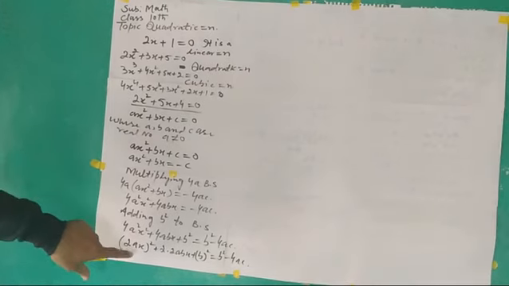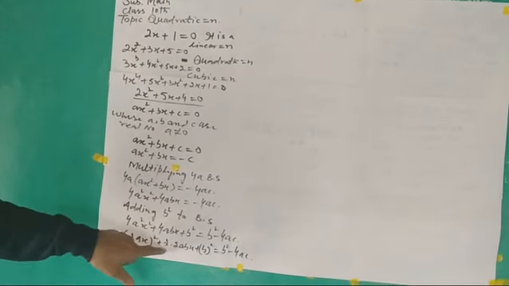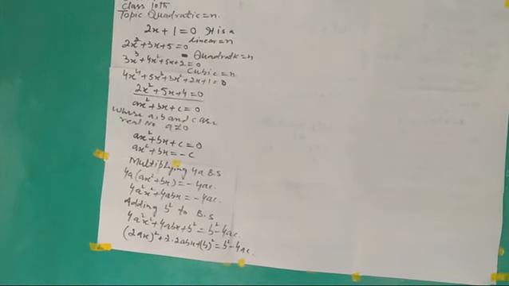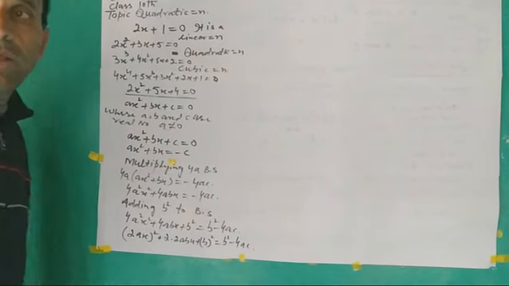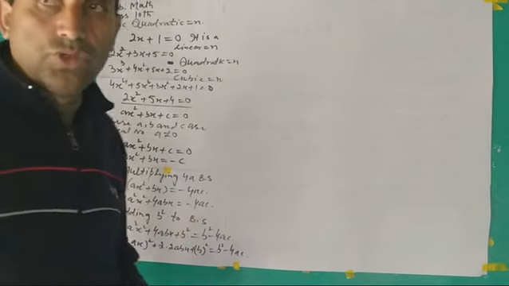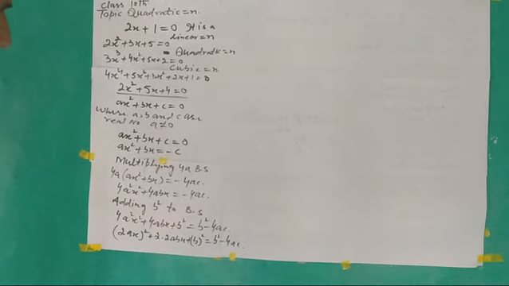See here, this is a square, this is b square, this is 2abx. So it becomes a plus b whole square, because a plus b whole square is equal to a square plus b square plus 2ab.